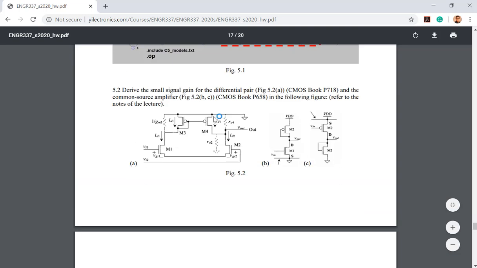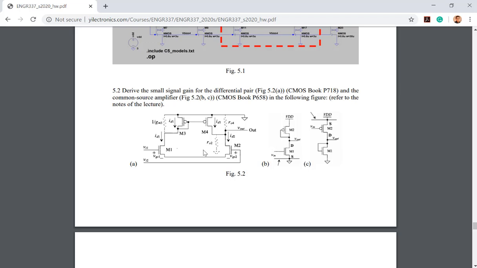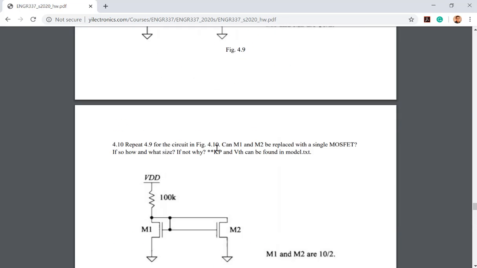There will be one of these ones, which means this transistor's gate will be shorted to the ground, or shorted over to here as a current mirror. So it's going to be a little bit different, but not too different. But you need to know how to derive the AC gain as the V out for either of these problems.